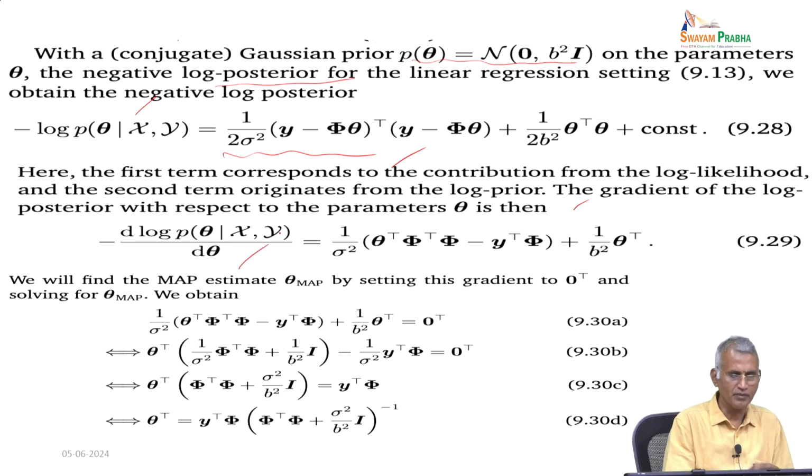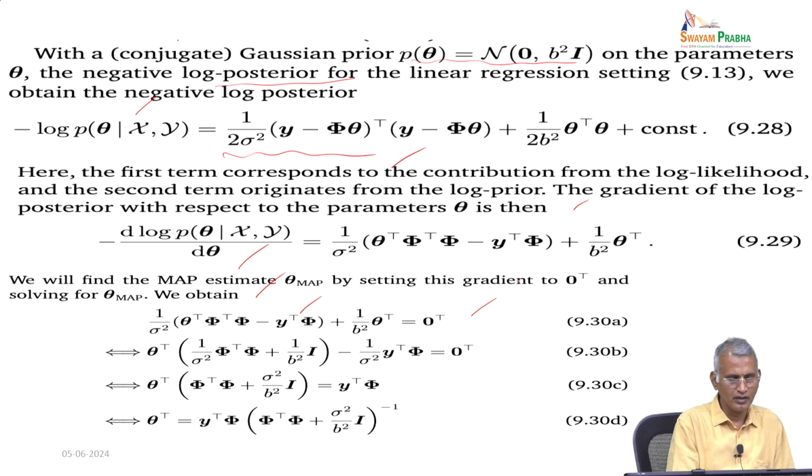So, we will find the MAP estimate, that is theta suffix MAP, by setting the gradient to 0 and solving for theta MAP. We obtain 1 by sigma square into (theta transpose phi transpose phi minus y transpose phi) plus 1 by b square theta transpose equal to 0.